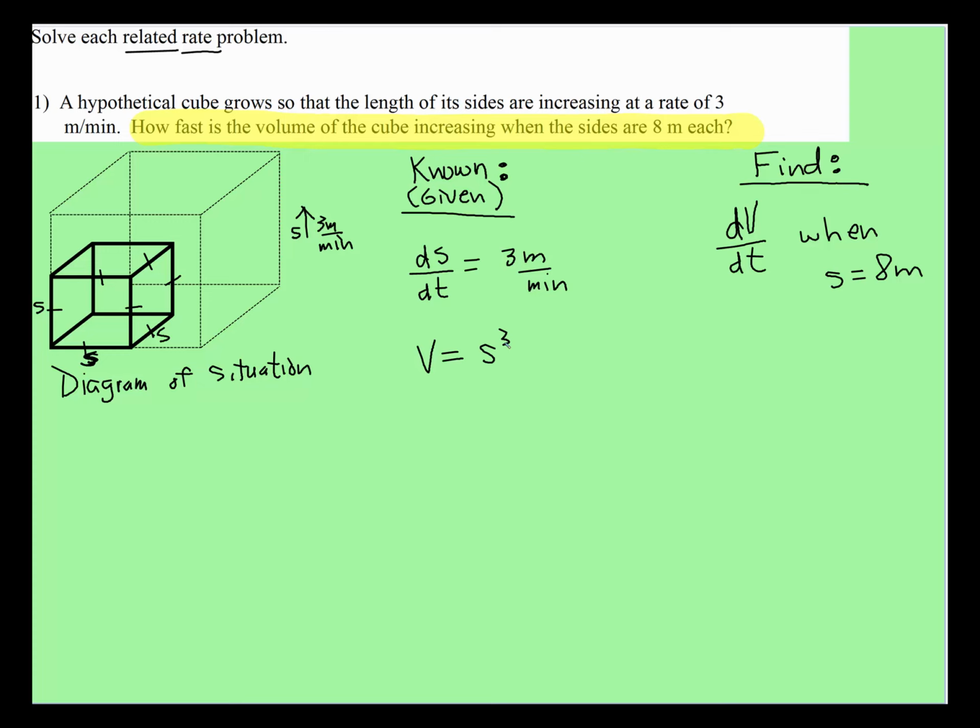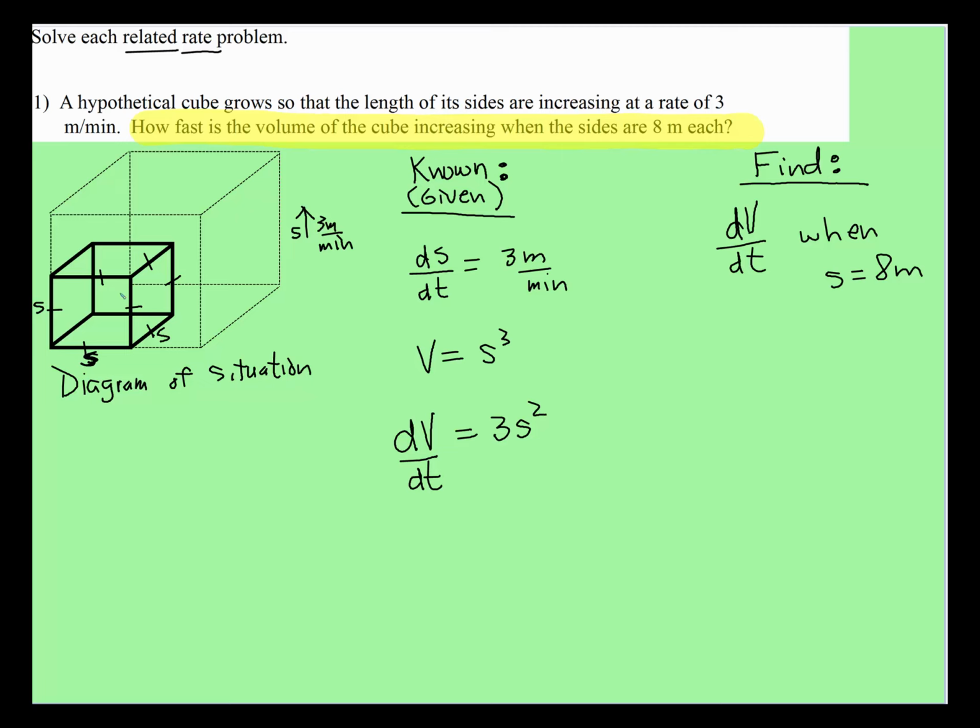This problem is pretty simplistic because we know all the information, so we can just get started and fill in the parts. Since we're finding dV/dt, we take the derivative of the volume, and on the right side that's 3s squared.